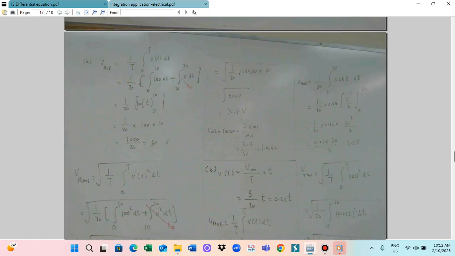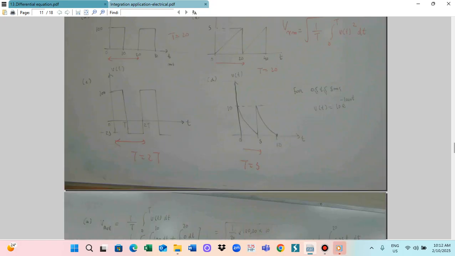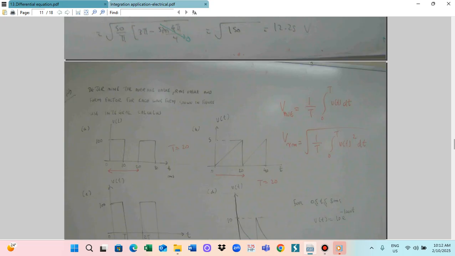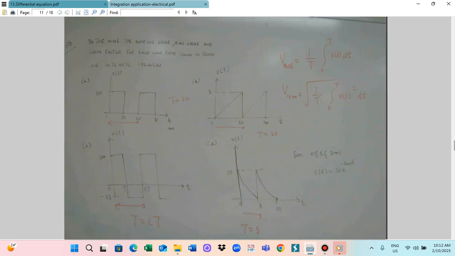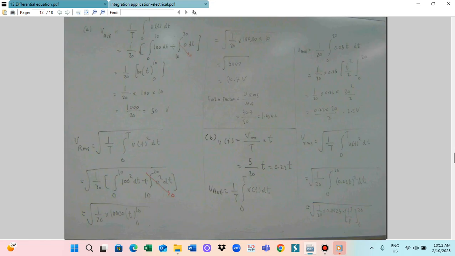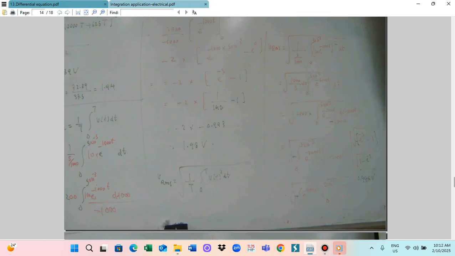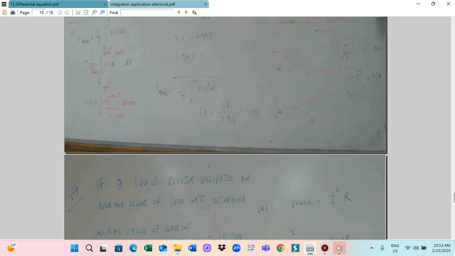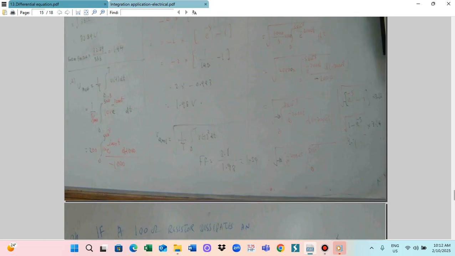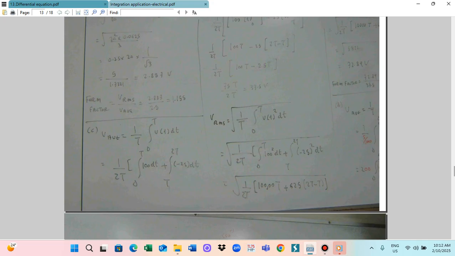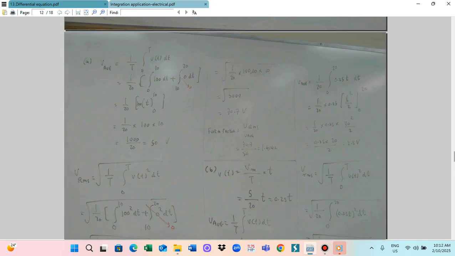So now RMS is 12 by 25, average is 10. So the form factor is 1 by 225.